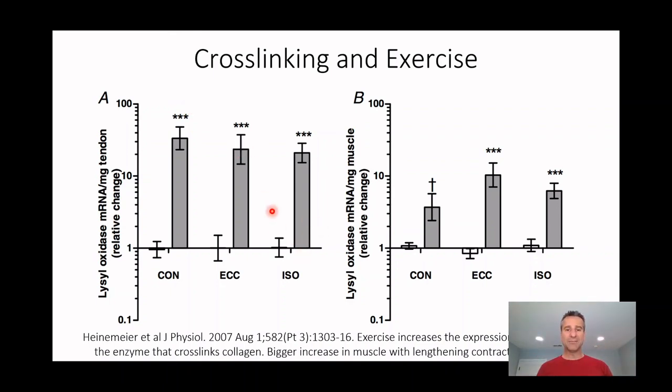When you do isometric or eccentric training, now we're getting that slow sliding, that shear force, which is going to break crosslinks. You've broken a ton of crosslinks. Now when you add lysyl oxidase back, you're either going to come up to the same level you were at, maybe a little bit lower, but it's not going to have a dramatic increase the way that you would see with the plyometric or these fast movements.